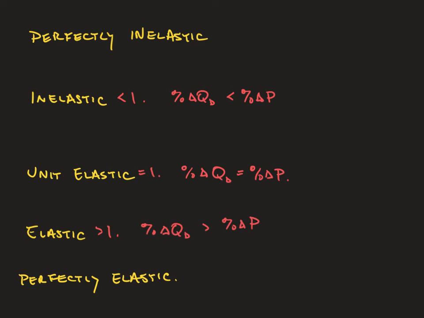Other ways to interpret this. Inelastic means that there is a fairly small change in quantity demanded relative to the change in price. Unit elastic means equal and opposite. Elastic means there's a big change in quantity demanded relative to the change in price. Now, there are two extreme cases.